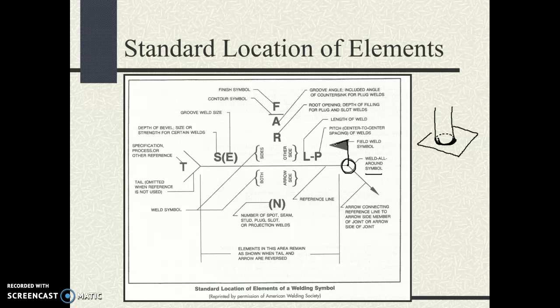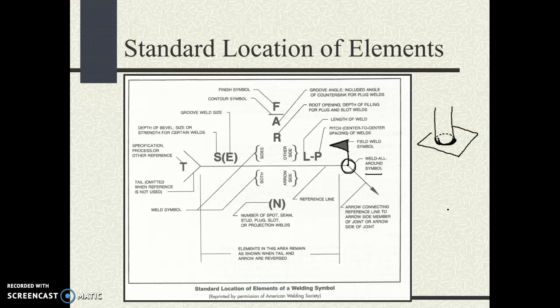This flag, which points away from the arrow, is used to indicate a field weld. So that means it's a weld that has to be done on the job site. It can't be done in advance in the shop. And that can be significant to the welder, especially in the bidding process.